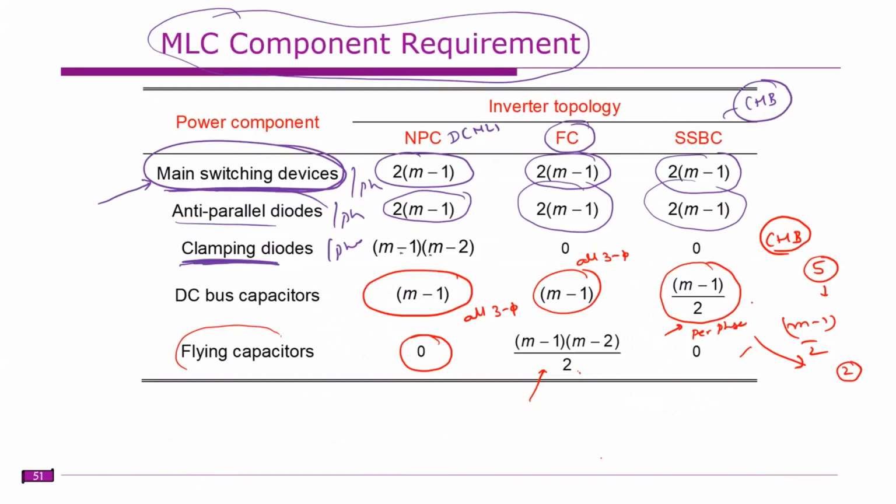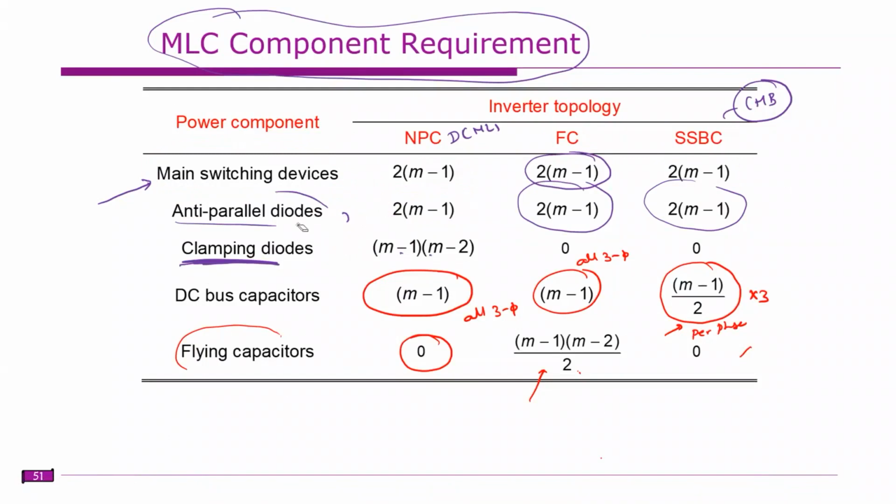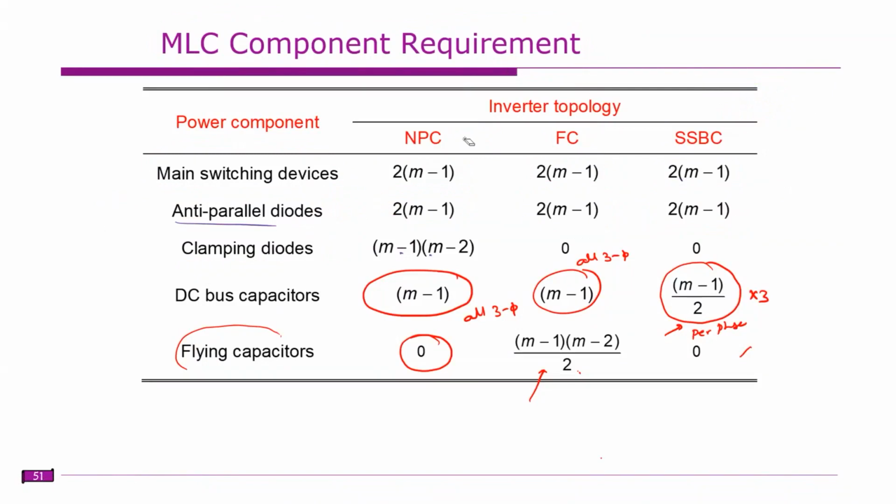If you want 3 phase, you need to multiply this one with 3. So all these things are per phase. This is also per phase, this is also per phase, and this is also per phase.